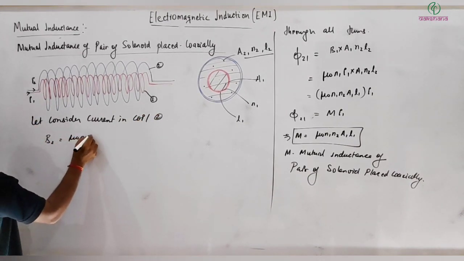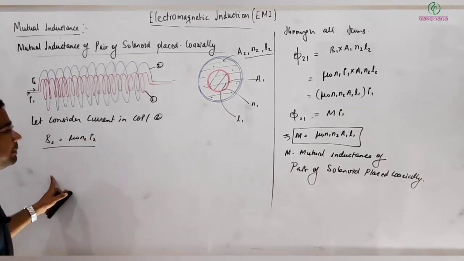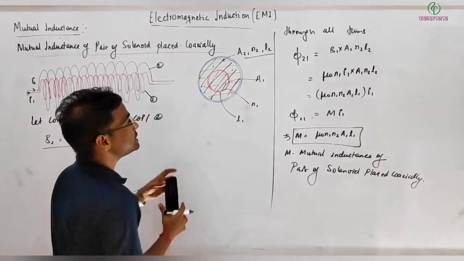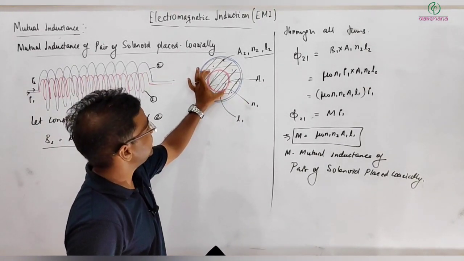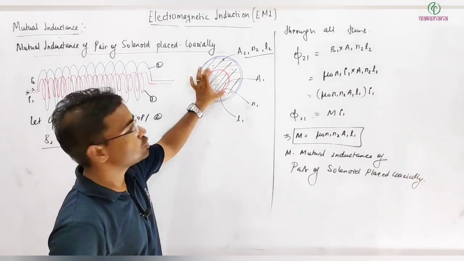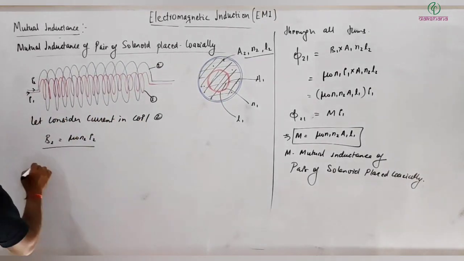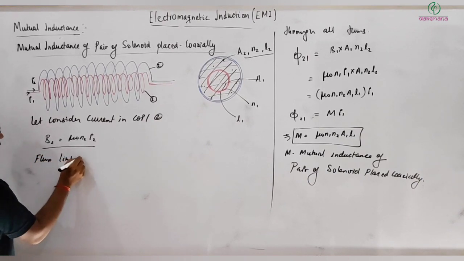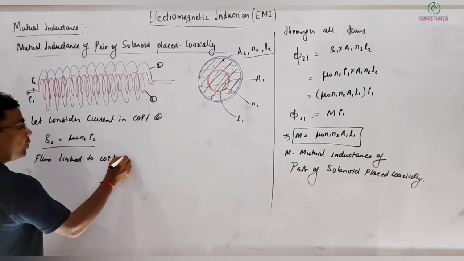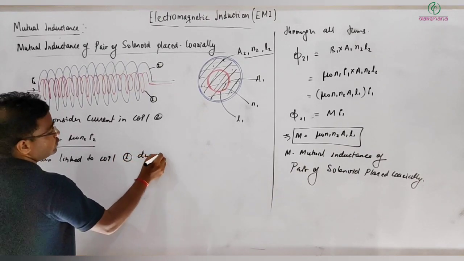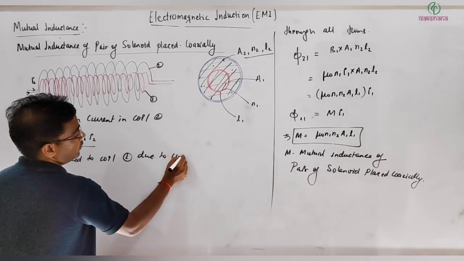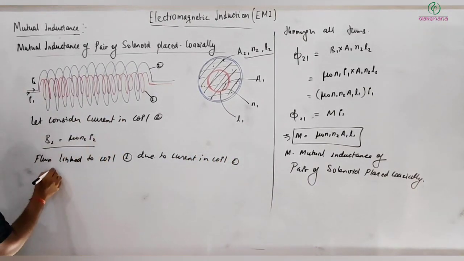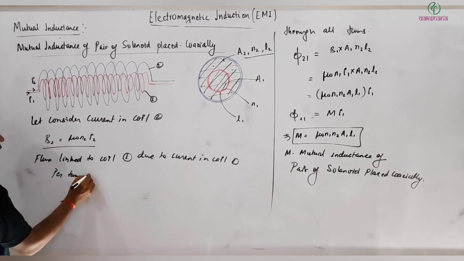Mu naught N2 into I2. Remember, this magnetic field will be in this complete region. But because this coil is only having this much area, so flux linked to coil 1 due to current in coil 2, per turn I can write this is what?